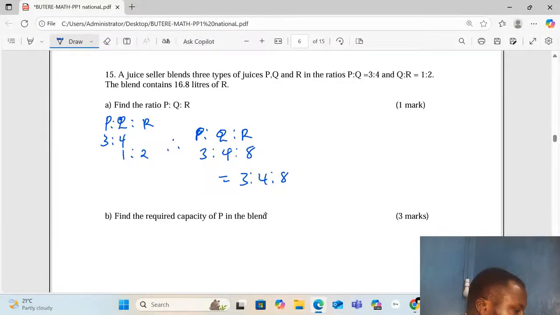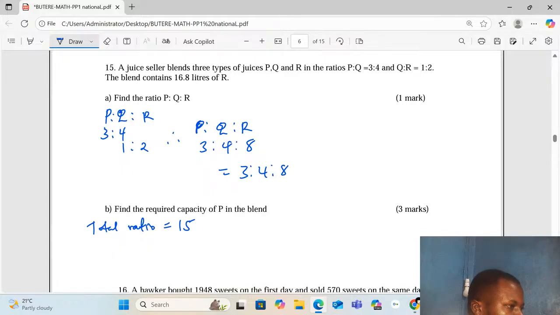So if 8 is equal to 16.8, what about the total ratio, which is 3 plus 4 plus 8, which is 15.